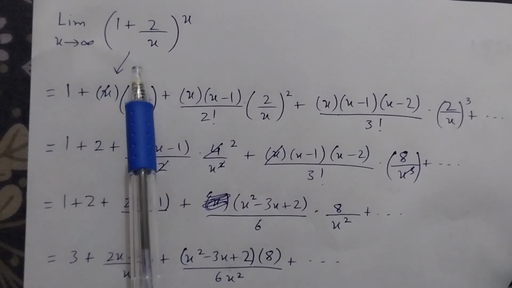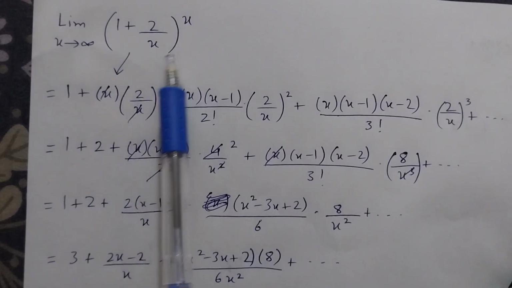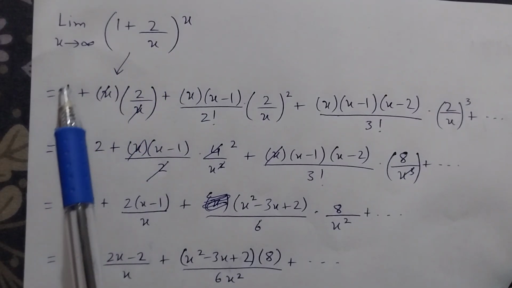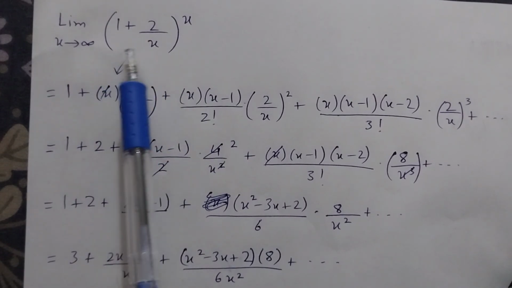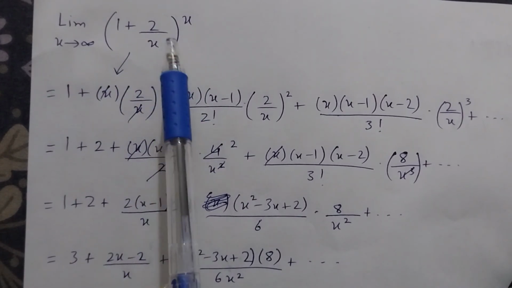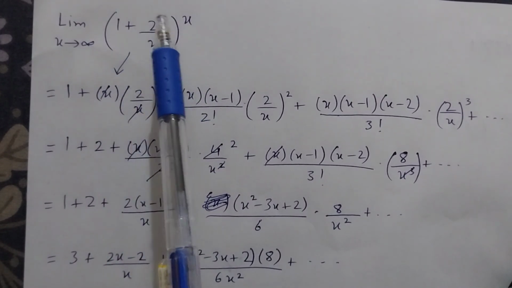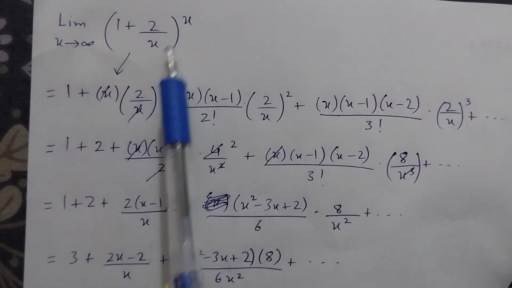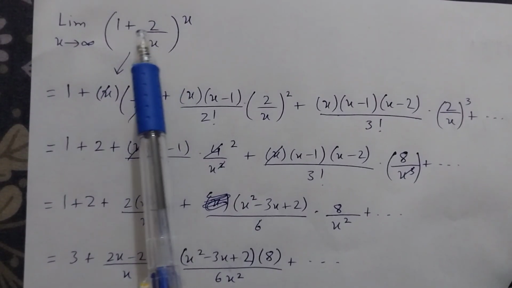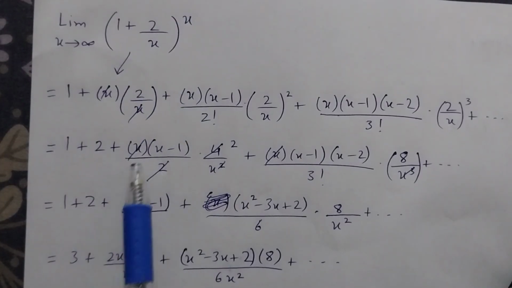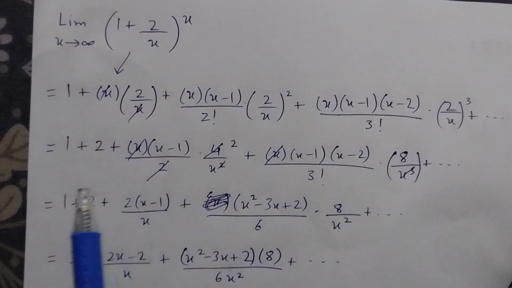Now I am taking a equal to 2 just to prove that the result is true, and nothing changes. We'll apply the same binomial series for this expansion. The only difference will be that our second term is 2 over x now, not 1 over x. So 1 over x will be replaced by 2 over x, and nothing else changes.